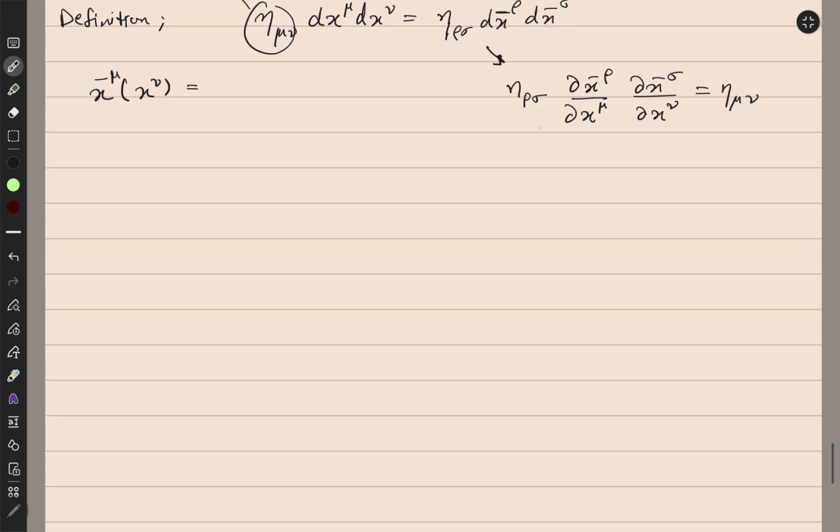Okay, so if this is my definition and I assume some form of x bar, maybe some constants are there, then maybe there is some matrix which I'm calling lambda, and this term is linear in x. So this is some function of x. Imagine that you are expanding a Taylor series or something of that sort.